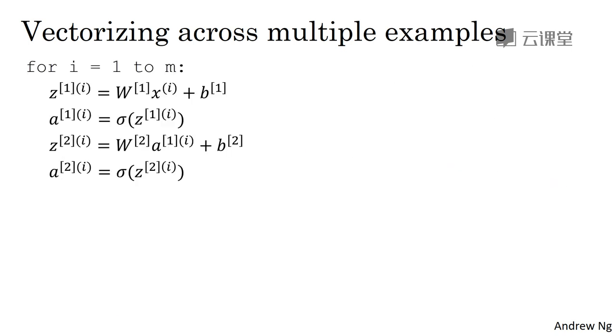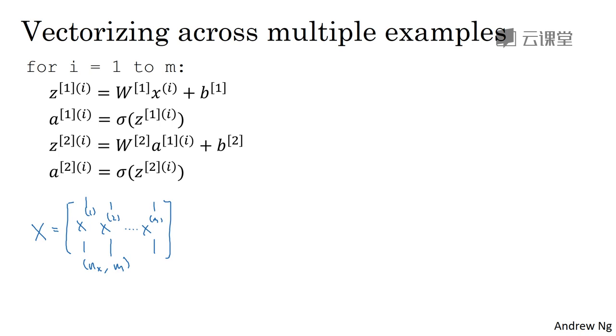So here's what we had from the previous slide with the for loop going over all M training examples. So recall that we defined the matrix X to be equal to our training examples stacked up in these columns like so. So take the training examples, stack them in columns. So this becomes an nx by m dimensional matrix. I'm just going to give away the punchline and tell you what you need to implement in order to have a vectorized implementation of this for loop.